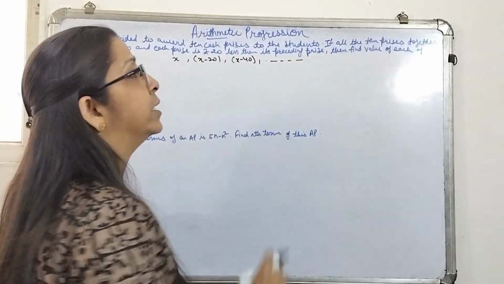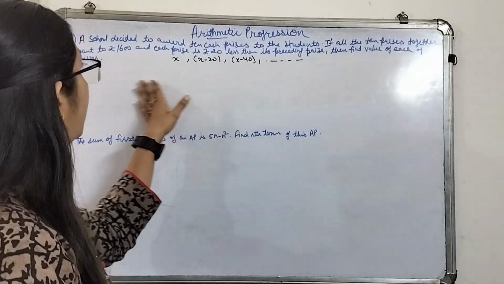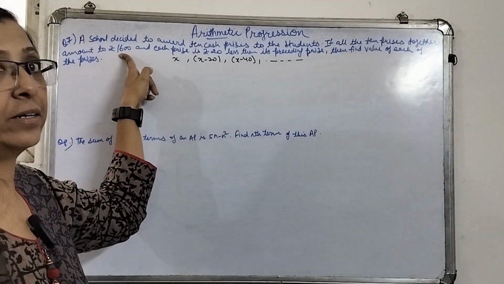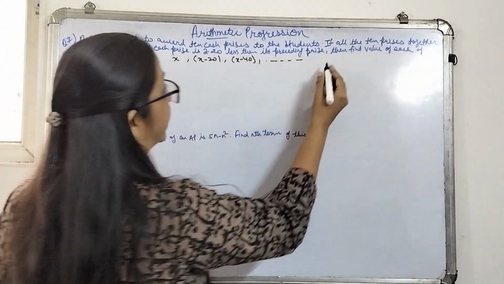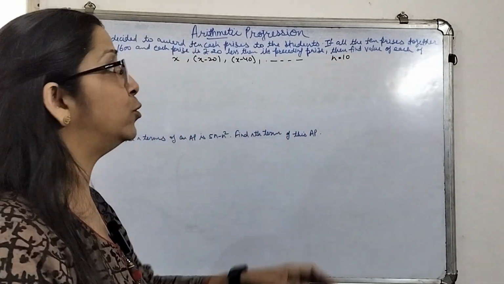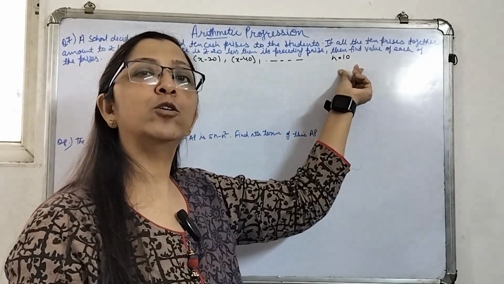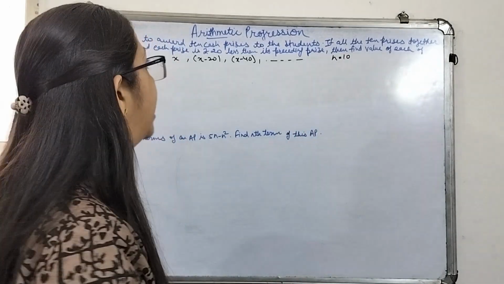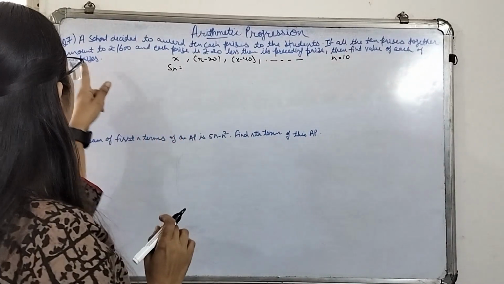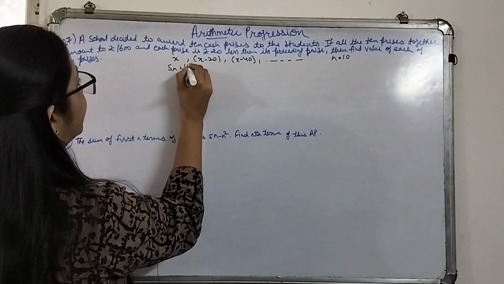Similarly, it will go on for 10 students. Now the sum of all these amounts is rupees 1600. Total n is 10, because the prize is to be given to 10 students. That means the value of n over here is 10, and the value of Sn, the sum of n prizes, is 1600 rupees.